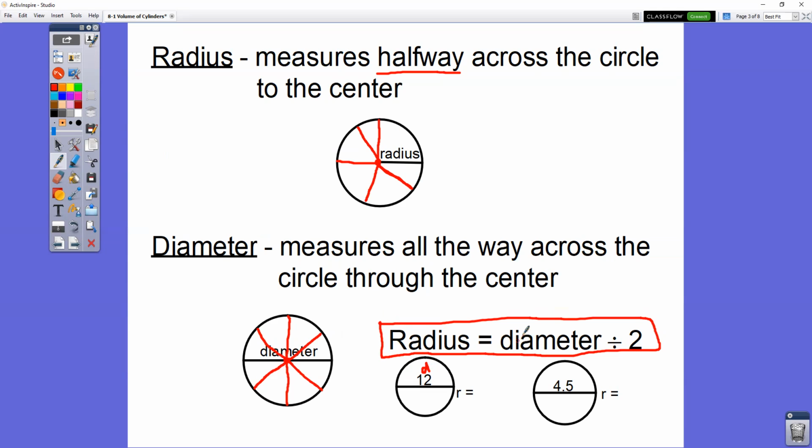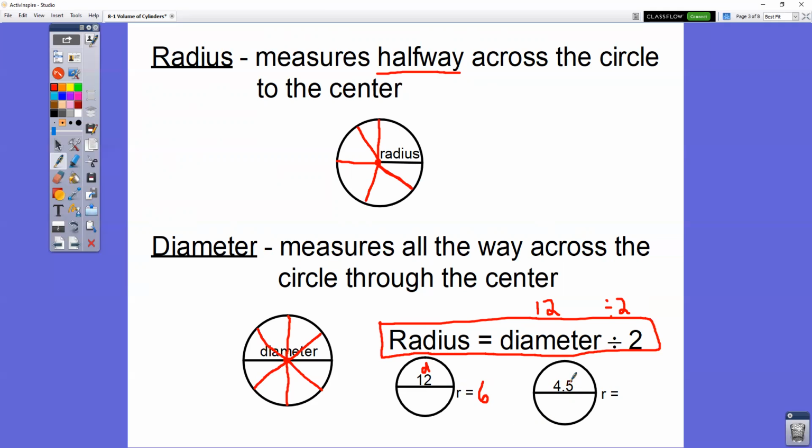We want the radius. Well, what you would have to do is 12 divided by 2, because remember the radius is half of the diameter. Or you could multiply it by 0.5 if you wanted to do that as well. So if the diameter is 12, that means the radius is 6, because the radius is half of the diameter.